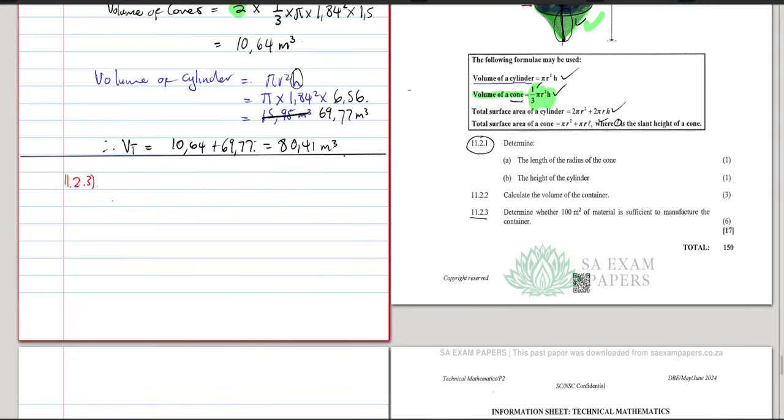There are two cones, so surface area of cones is equal to 2 times the surface area of a cone.